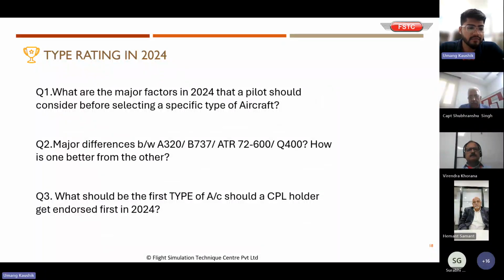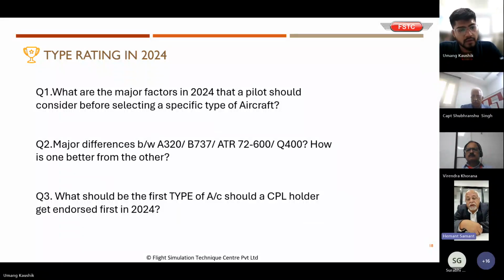But I would like to ask you, what are the major factors in 2024 that a pilot, a fresh CPL holder, should consider before selecting a specific type of aircraft for their type endorsement? Saman sir?